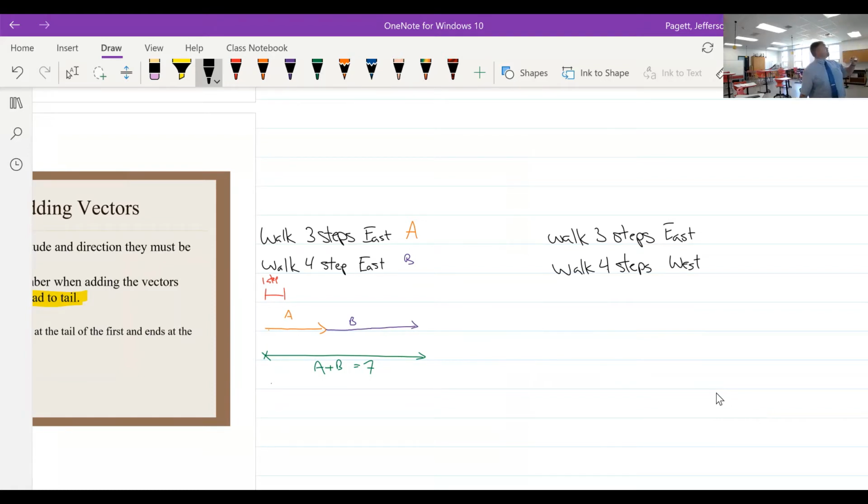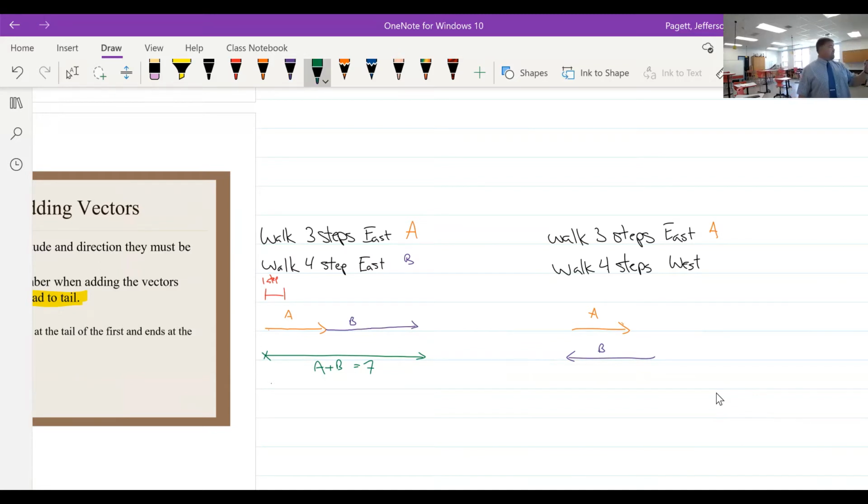And so I'm going to draw the exact same thing. I've got A, which is my 3 steps. I'm going to have my B, which is 4 steps. And notice I've drawn them to scale. A's pointed east, B's pointed west. But again, the deal is that I have to add them head to tail. So again, watch this.